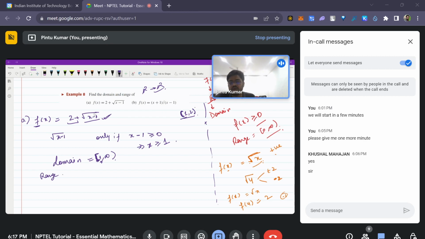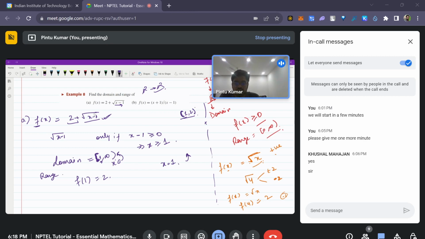Okay. So now if you want to find the range of this function, the only values allowed are x belonging to this particular set, right? So what are the output values that we get? If we have x equal to 1, we get f of 1 equal to 2. If we have higher values of x, then this x minus 1 will gradually increase and the square root value will also increase, right?